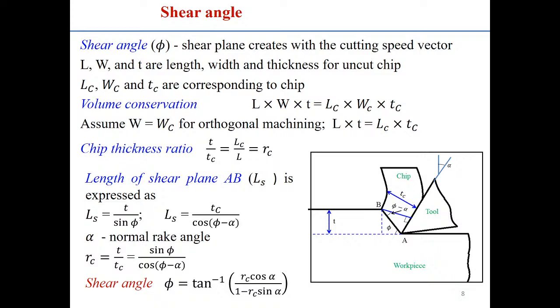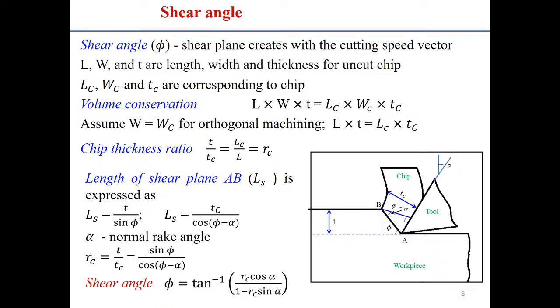L is the length of the chip, W is the width of the chip before cutting, and t is the uncut chip thickness, that is, its thickness before cutting. After cutting, the chip has thickness tc, width Wc, and length Lc. We make these equal, because volume conservation will always hold. Before cutting and after cutting, the total volume remains the same.